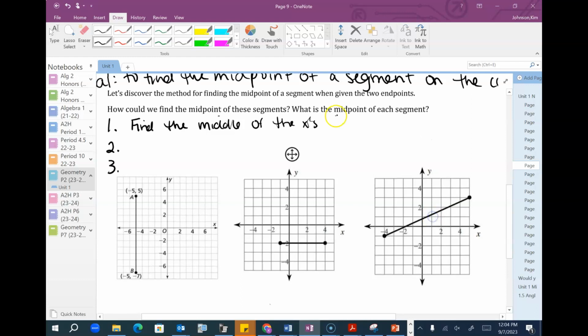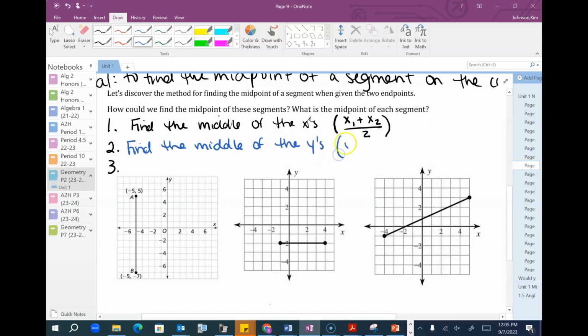So generically, that would be finding x1 plus x2 divided by 2. Then we're going to find the middle of the y's. And to find the middle of the y's, generically, that would be doing y1 plus y2 divided by 2.